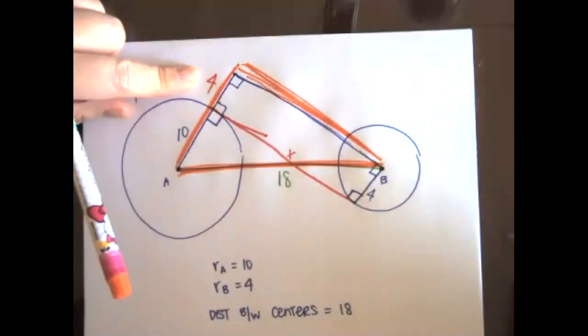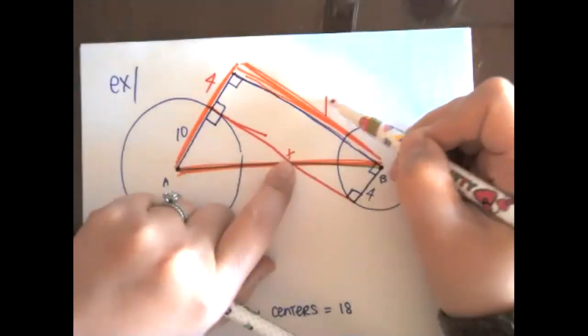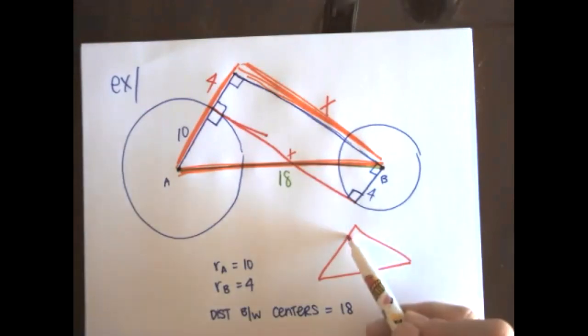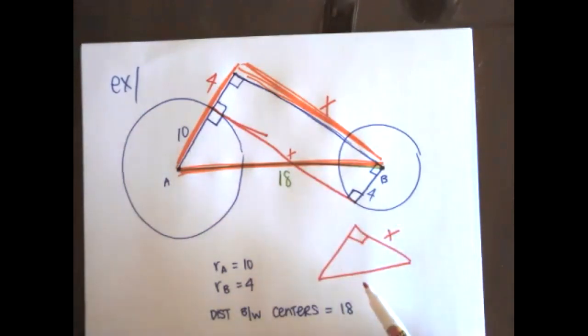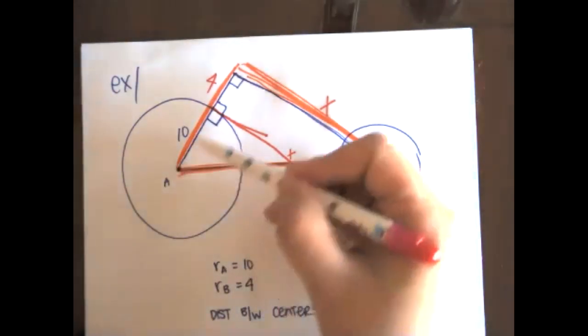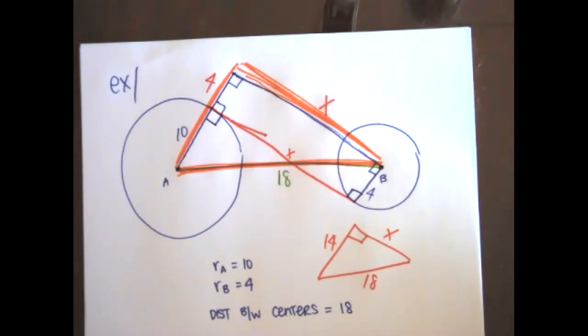This side is 4. This side is x of the rectangle. Then this side is x of the rectangle. So our right triangle now is x, 18 right here, the distance. And then this whole thing is 14. So before we were subtracting the radii, now we're adding the radii.